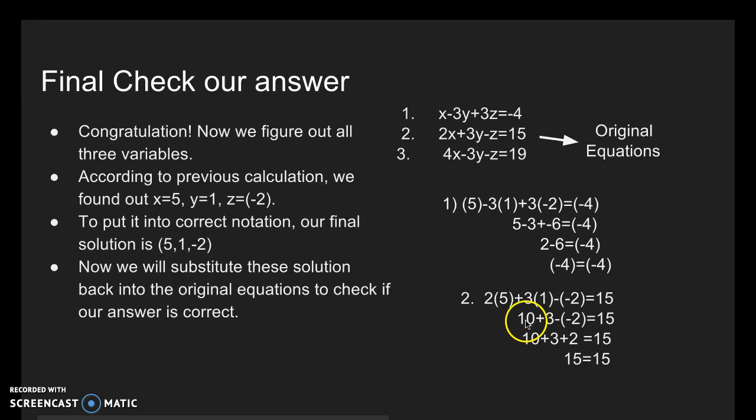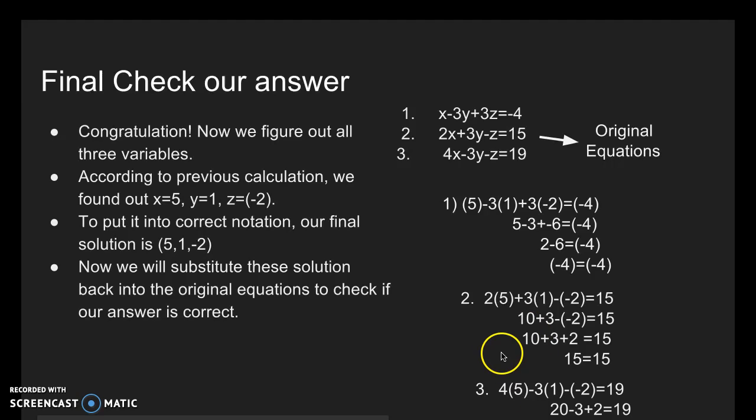So 2 times 5 equal 10, 3 times 1 equal 3, and minus negative 2, equal 15. 10 plus 3 equal 13 right here. Sorry, and minus negative 2 will be like plus 2 now. So 10 plus 3 plus 2 will be 15, and 15 equal 15. Yeah, for our second equation as well.